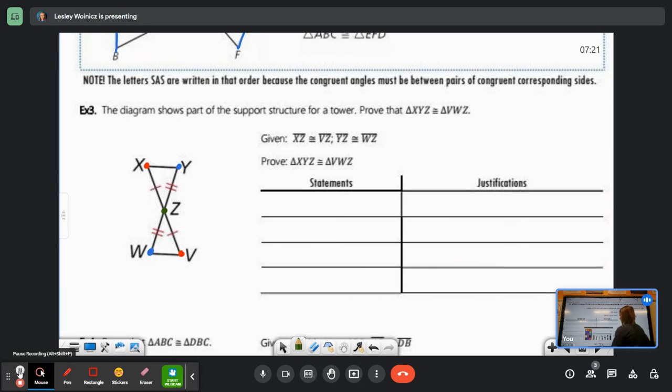So I know that XZ is congruent to VZ. That was given. I know that YZ is congruent to WZ. That was also given.